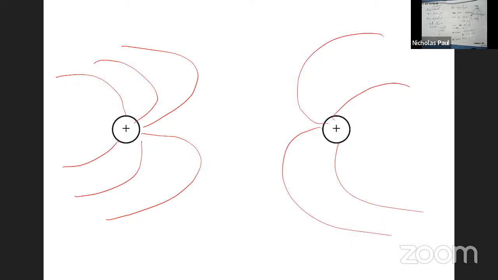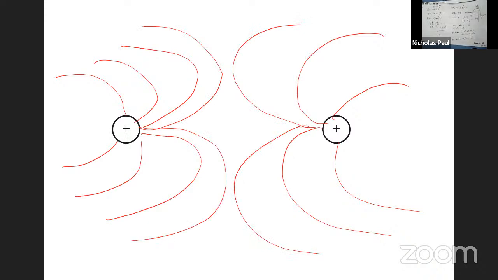I'll probably draw one more out here if you want. X is the neutral region, right? And they're moving away. Yeah, repulsion. So they won't interact, right? The field lines will just move away from each other. And the direction is important, right?